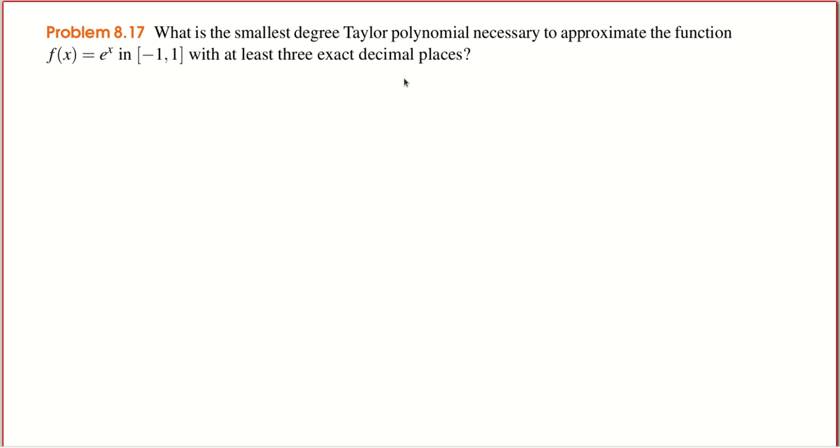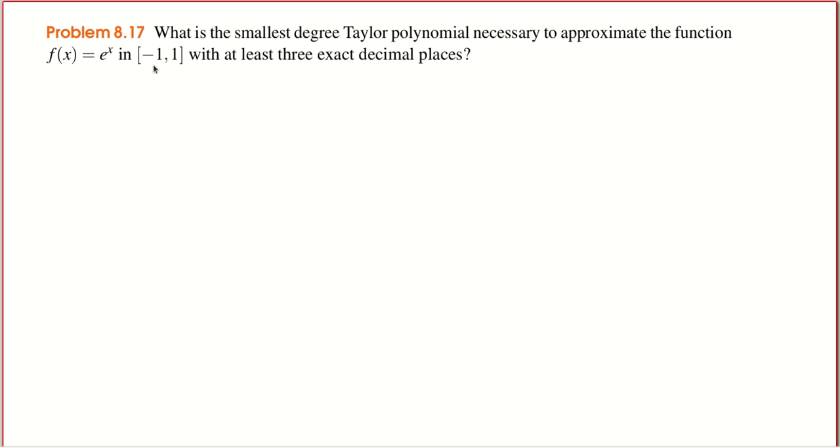We have here a different question related to numerical approximations using Taylor polynomials. Suppose we have the exponential and we want to evaluate exponentials with arguments in this interval, between -1 and 1.